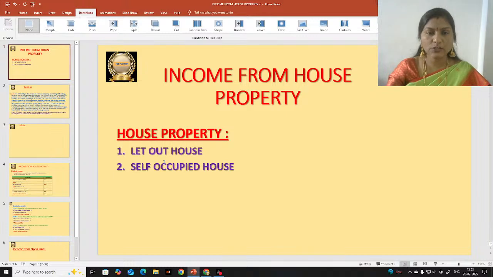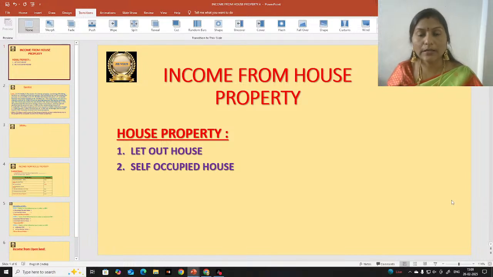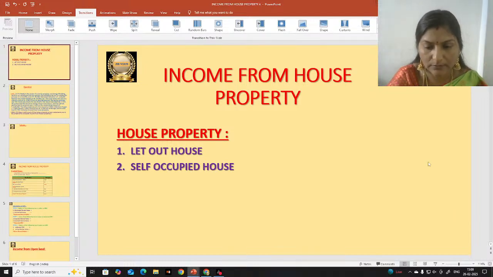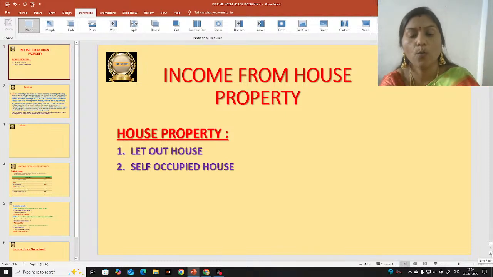So here house properties are two types. Whenever we want to calculate income from house property of any assessee, we have to classify the houses first into two types. One is a let out house, the other one is a self occupied house.